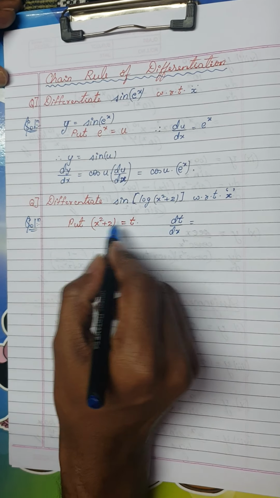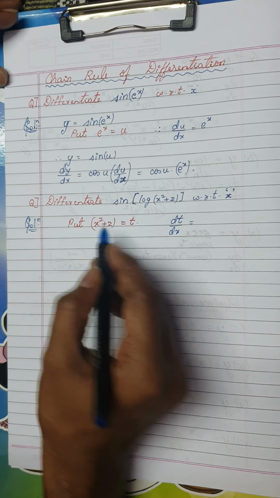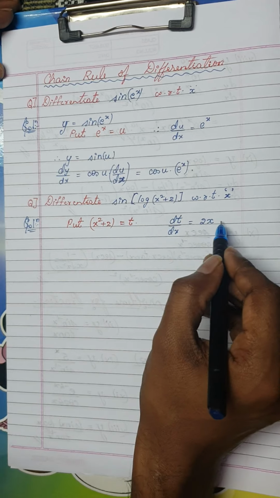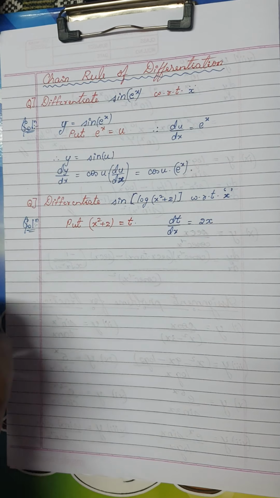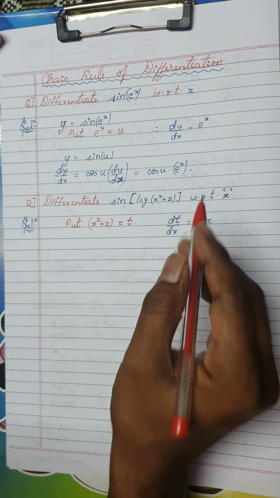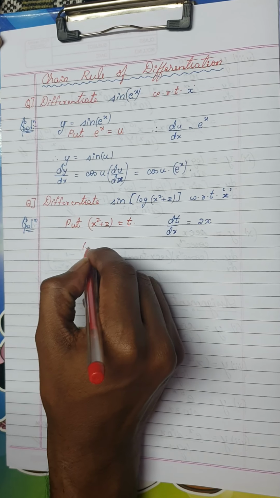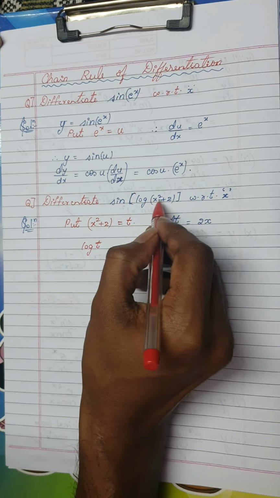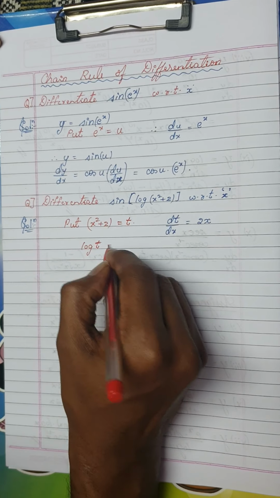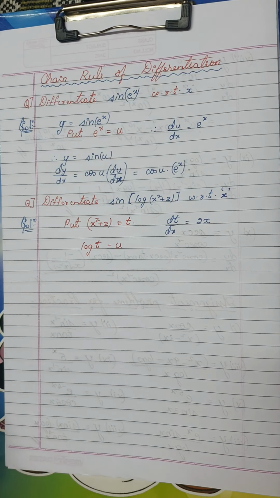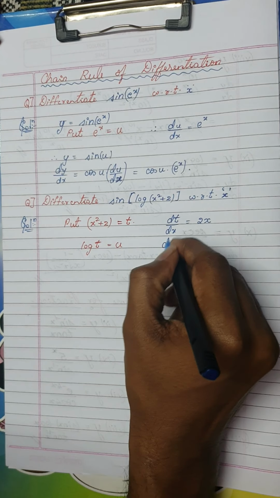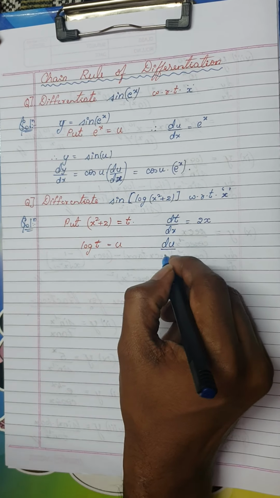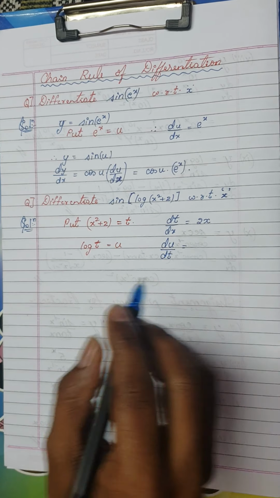So now dt by dx will be the differentiation of x square, which is 2x, and we know the derivative of 2 is constant, that is 0. Now what I am going to get is log of t. So you use this log of t as u. Now you differentiate this u with respect to t.